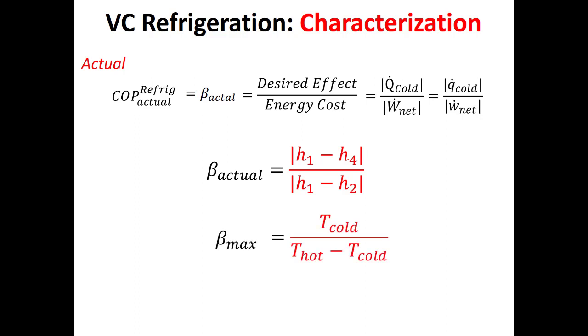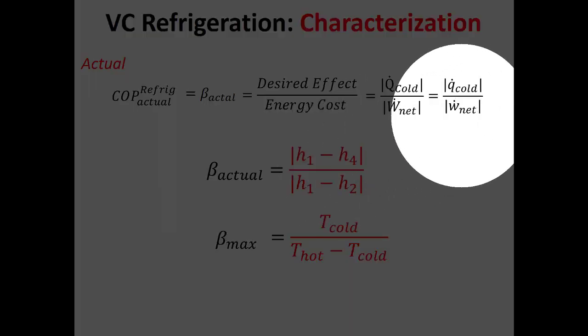If we want the Carnot, or the maximum coefficient of performance, we replace this ratio of heat transfers, because remember we can express W net as Q in plus Q out if we let the first law figure out what the signs should be.